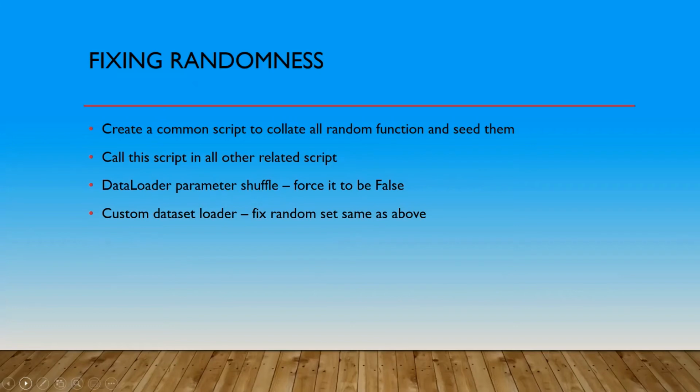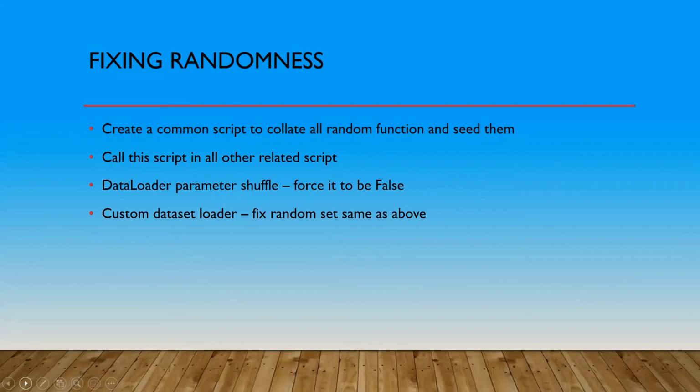Then you call this set of codes in the form of a script in every related file of your Jupyter notebook or model. Whenever you have a project on some classifier or regressor, you have to set this seed in every file explicitly; that task will be yours. If you miss, the randomness issue cannot be fixed completely. In the DataLoader parameters, very explicitly, you have to again set the shuffle parameter to false.